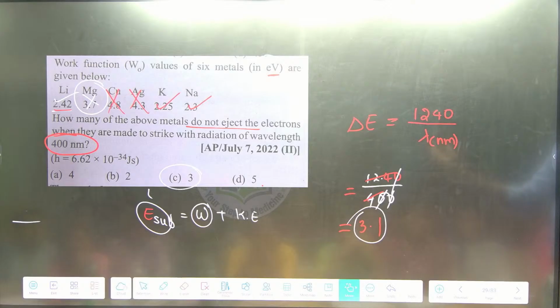In the EAPCET exam, how much time do you have for one question? Hardly 1 minute 20 seconds. So it is very difficult if you spend 5 or 10 minutes on one question. So practice more, and you can maximize your score.